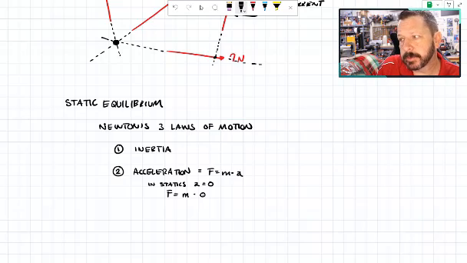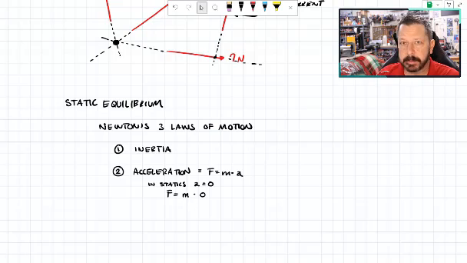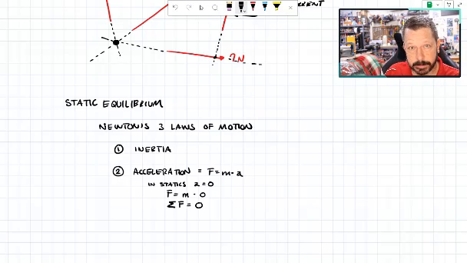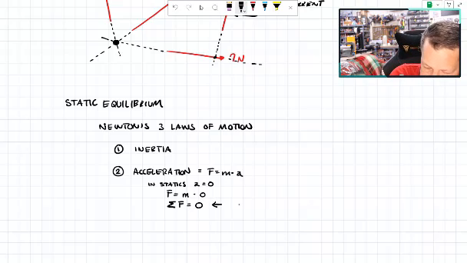So that would be true if you didn't have any forces at all acting on something. Then yeah, there would be 0 forces, and it'd be in static equilibrium because there would be nothing acting on it. But we're going to write this a little bit differently, and we're going to say that the summation of forces equals 0. So the net effect of all the forces acting on an object equals 0. So that's static equilibrium.